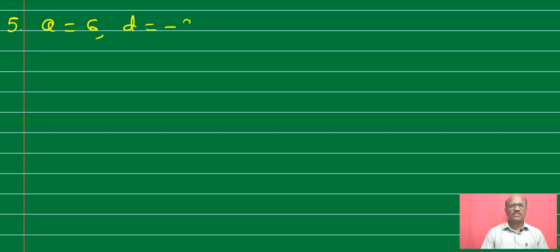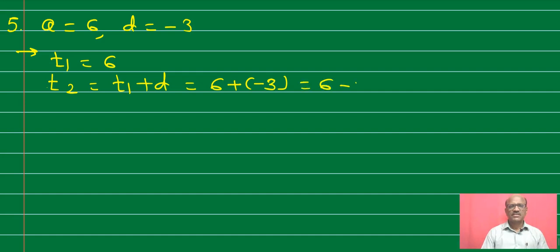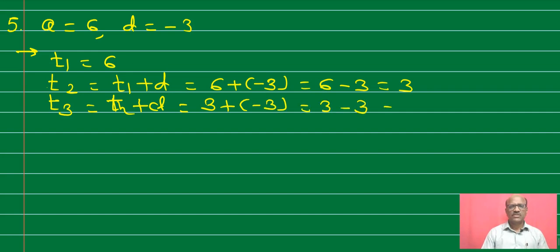Number 5. A is 6, D is minus 3. T1 is 6, T2 is T1 plus D, 6 plus in bracket minus 3, that is 6 minus 3, it is 3. T3 is equal to T2 plus D, that is 3 plus in bracket minus 3, that is 0.